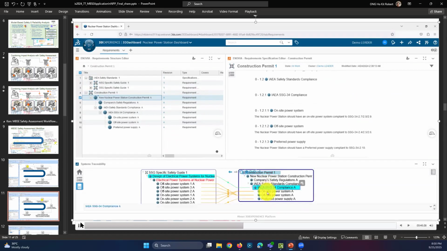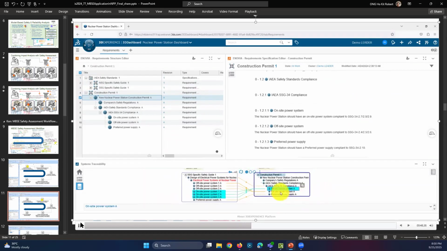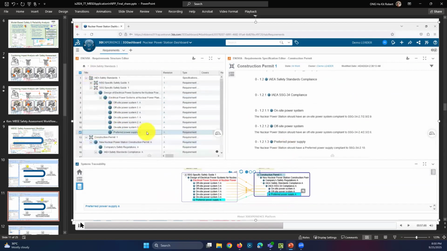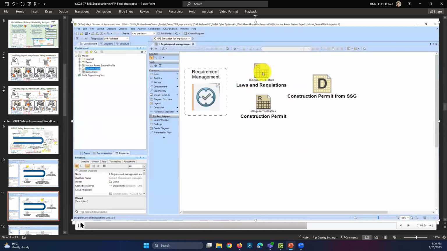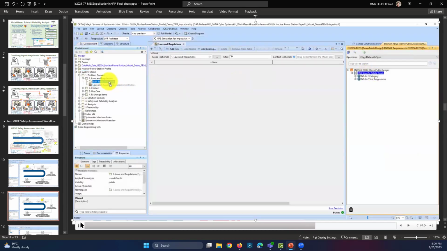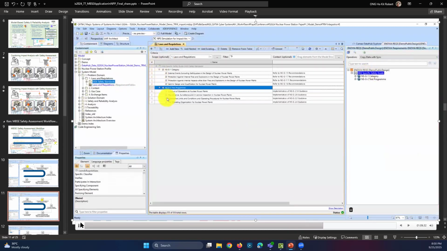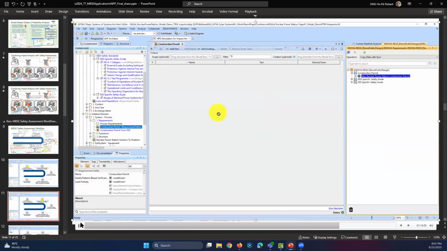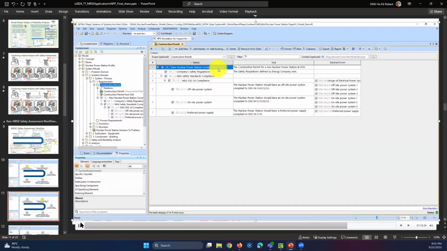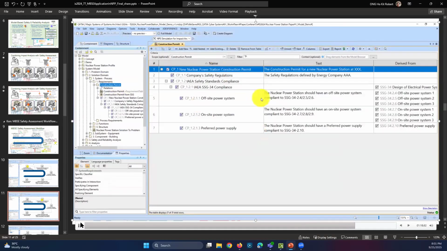More importantly, we have to have traceability from the very beginning, starting from the raw regulations down into the different types of requirements, like the company safety regulations, construction permit, system requirements, and functional requirements along the way. And from each requirement, we further need to break it down into how the requirement is being satisfied by the different designs, models, and constructions, and how the requirement is being covered.